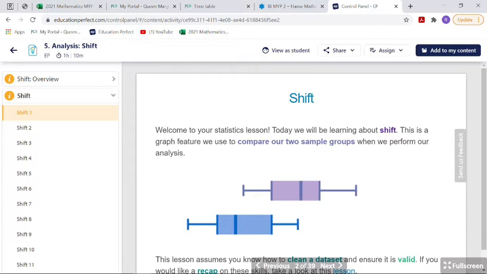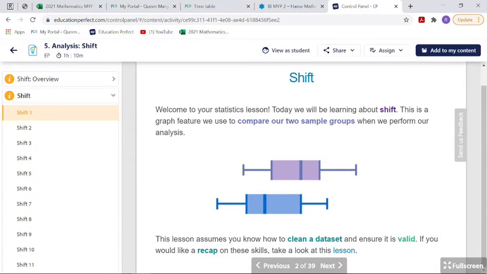Shift is very easy if you'll let it be. So what you're going to do is compare your two sample groups by looking at the shift when you have the box and whisker plots. You see as this blue one moves, now it's shifting down, and as it goes the other direction, it's shifting up in relation to the purple one. Now they're not going to move on you.